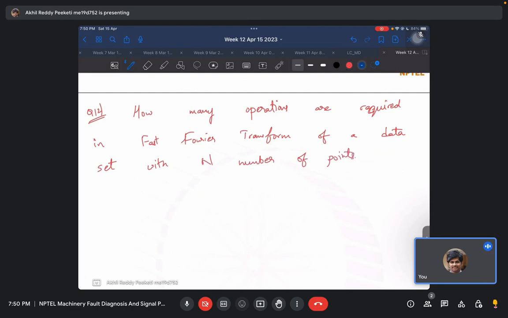The options are A n, B n log 2n, C n square, D none.